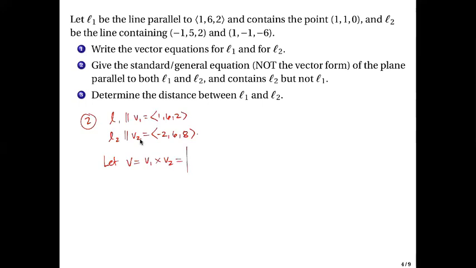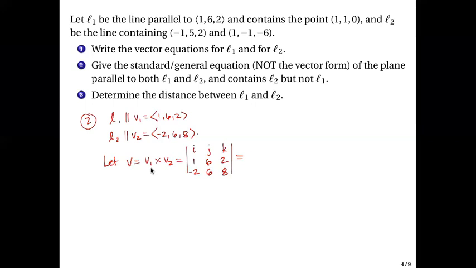Similar to the previous one, we get the determinant of the matrix with first row i, j, k, second row contains the components of your V1, that's 1, 6, 2, and third row contains the components of V2, which is negative 2, 6, 8.